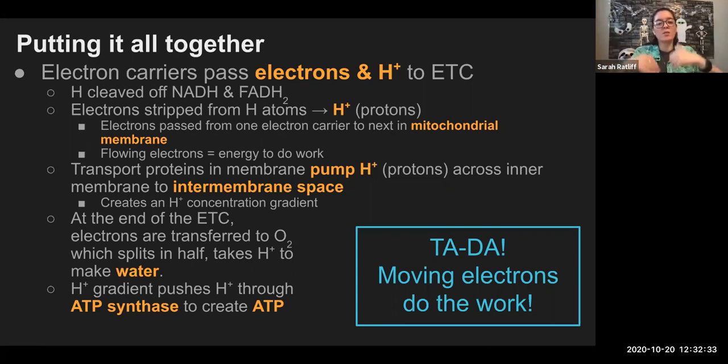So it's going to flow the only place it can, through that ATP synthase to create ATP. Those electrons that we harvested in the Krebs cycle when we created our NADH and FADH2, here's where they come into play. They're super important. They give us the energy to do the work.